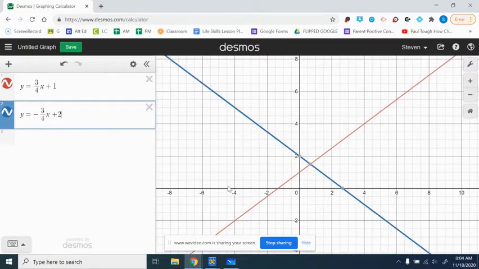Okay, so that looks close. They're definitely intersecting in the right direction. One is positive, one is negative, but these are clearly not perpendicular lines, because these are not right angles.